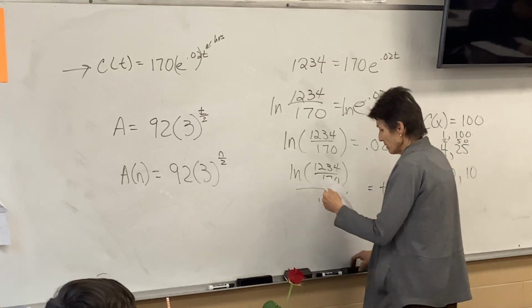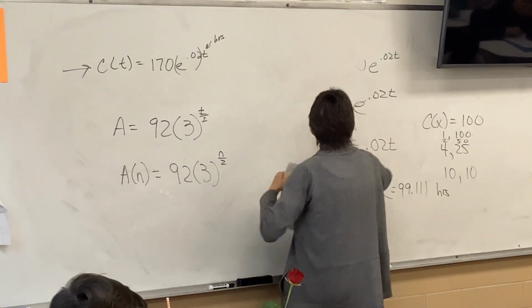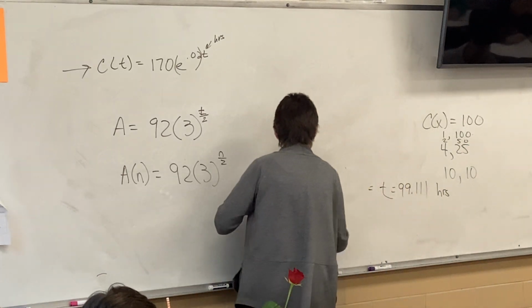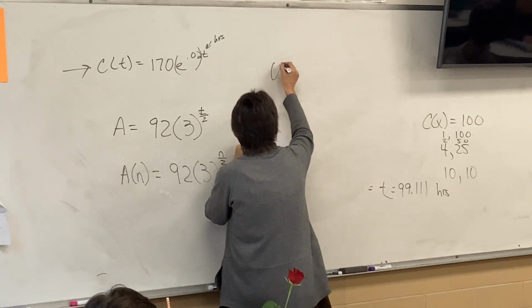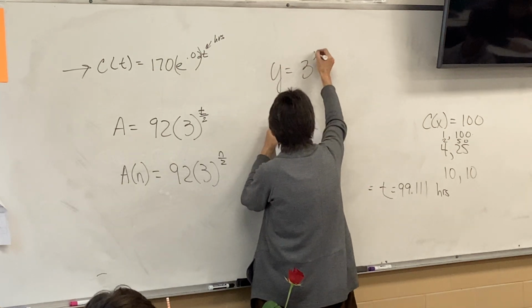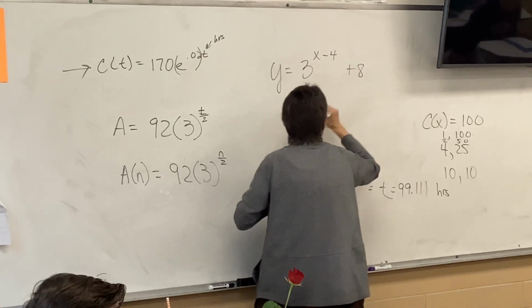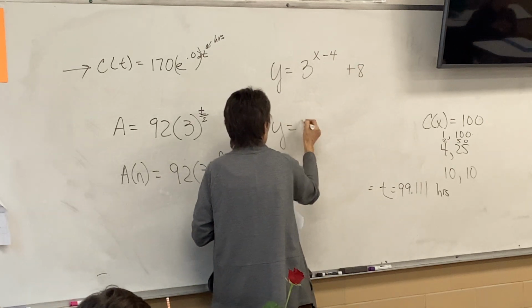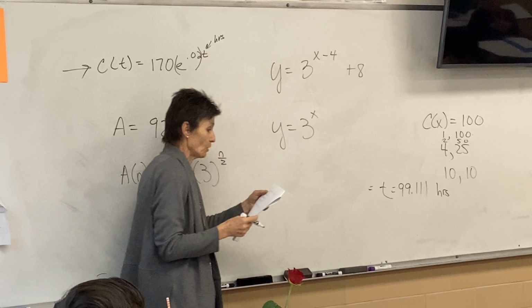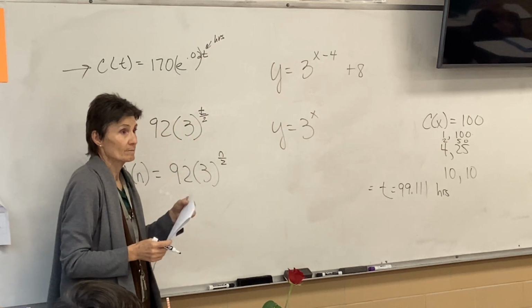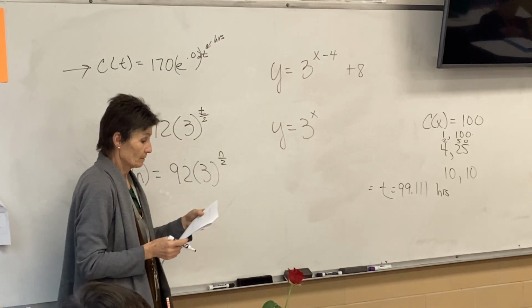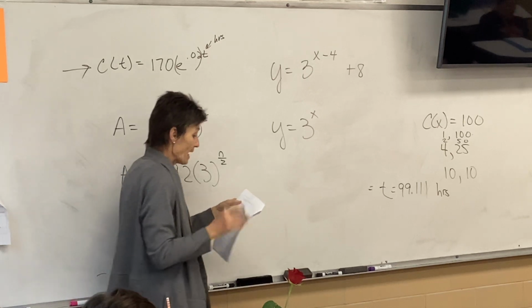All right, list the parent function, domain, range, and all that for this guy. So we have the equation 3 to the x minus 4 plus 8. The parent function is just the basic exponential, so that would be 3 to the x. That's the parent function.